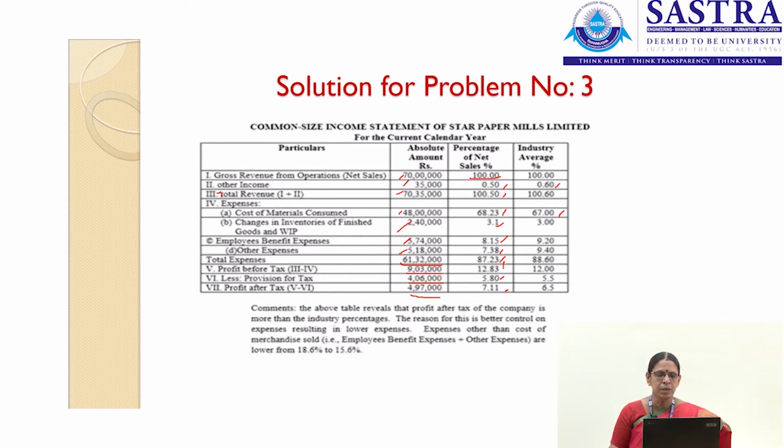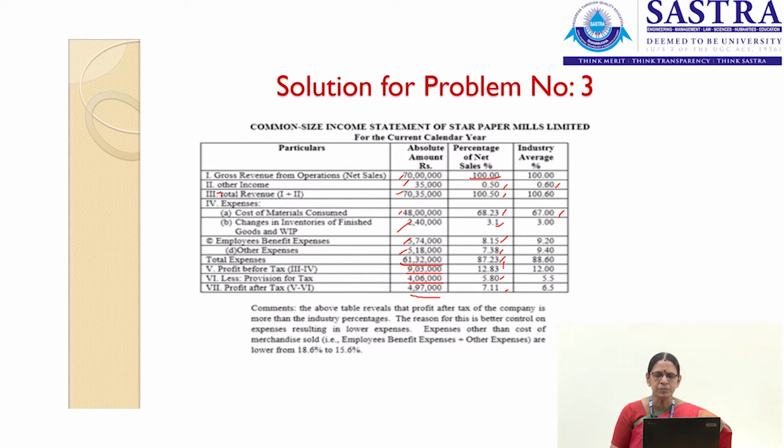And when the employee benefit expenses are concerned, it is 8.15, this is 9.20, and other expenses we have 7.38 and 9.40. So when we compare it, this comes to 18.6% and this comes to 15.6%. So the expenses incurred by the Star Paper Mills are lesser than the industry average.